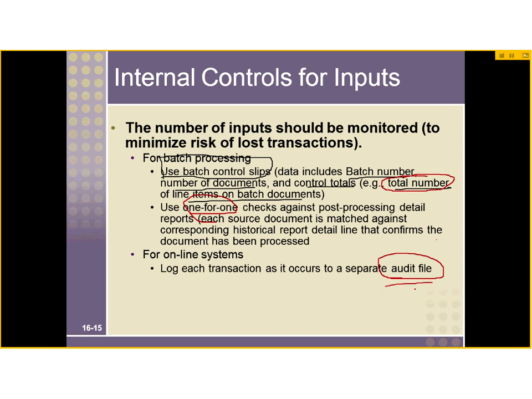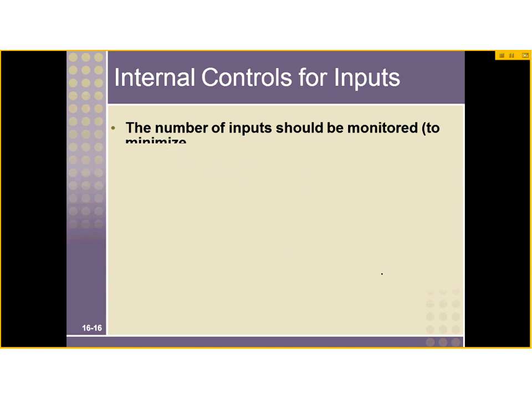We also use one-for-one check against post-processing details report. So we can also use one-for-one check to make sure that each and every item has been entered correctly in the system. For online system, log each transaction as it occurs to a separate audit file.